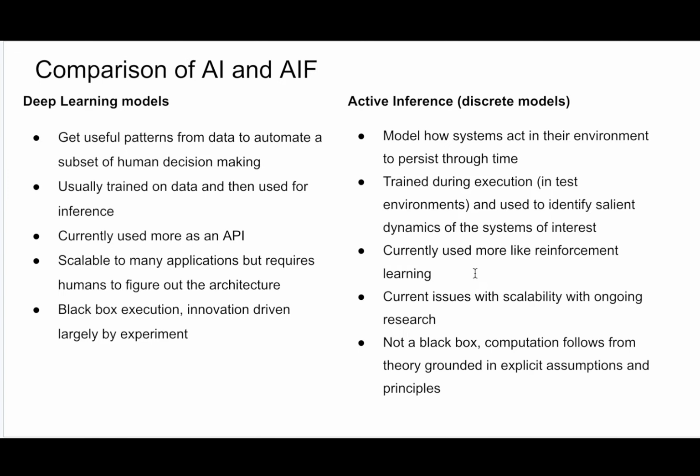Rather, the agent is only acting so as to minimize its uncertainty over its sensory input. So the goal is not to reach a particular state that will give us the most reward, but to reach states that are the least surprising and in which we have the most agency.